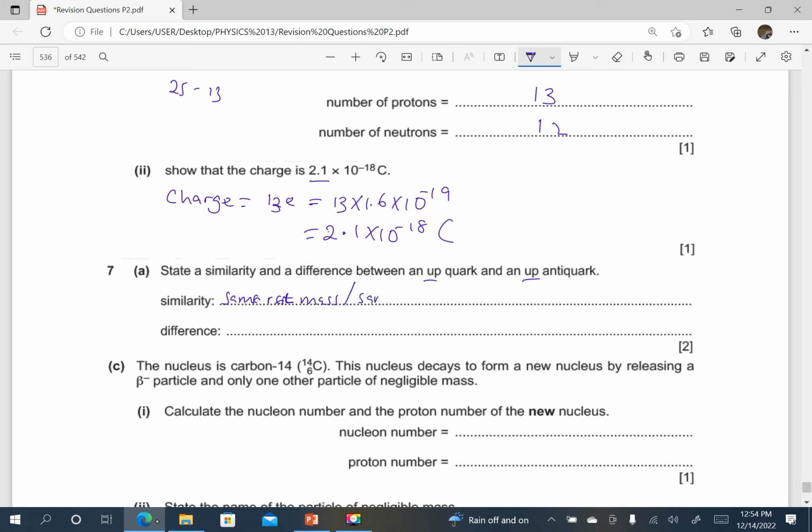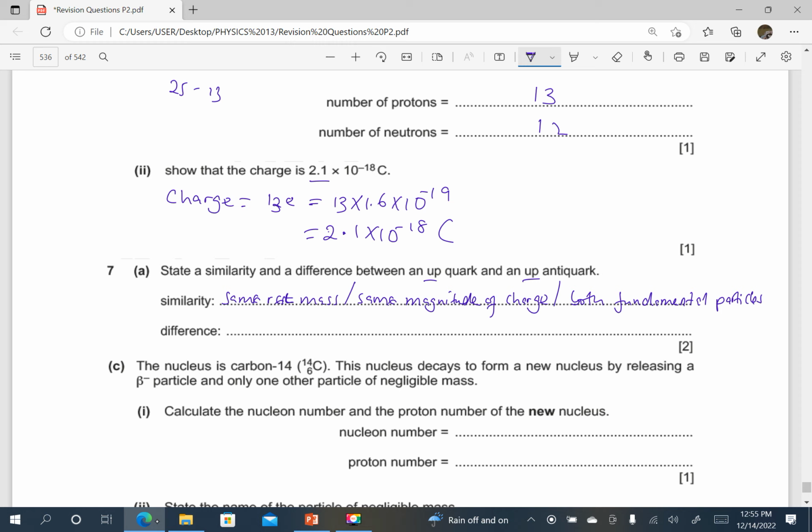They have the same magnitude of charge. Then 3, they are both fundamental particles. You can't fail to state one of those.